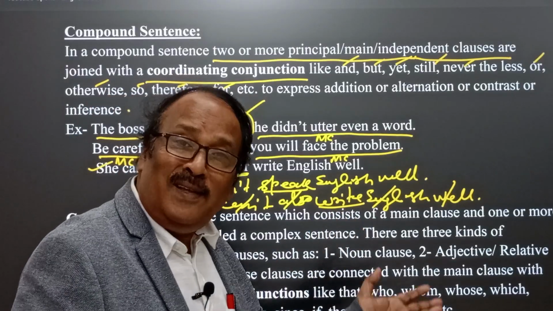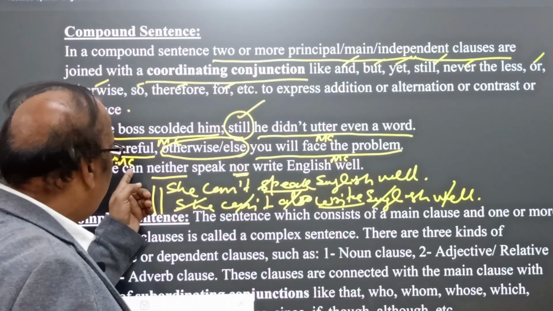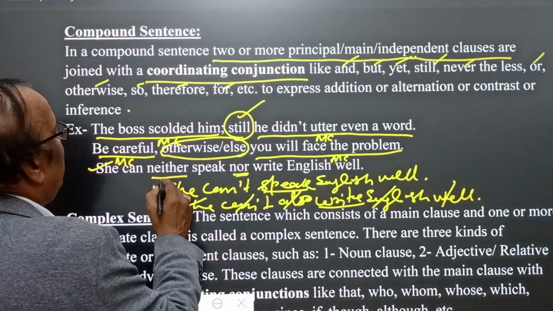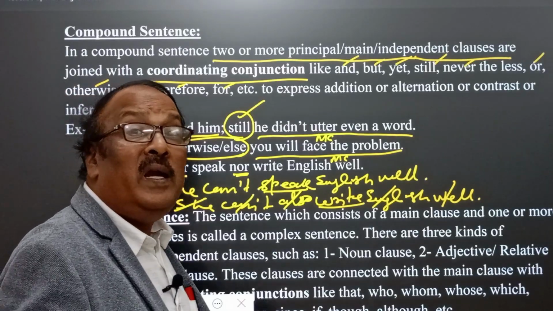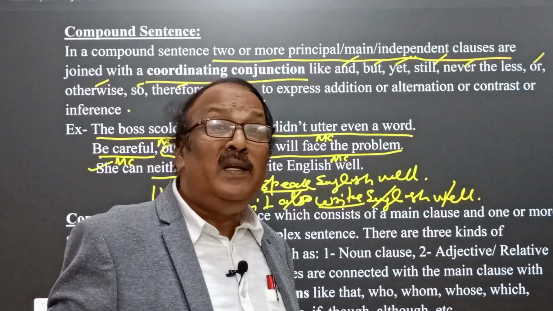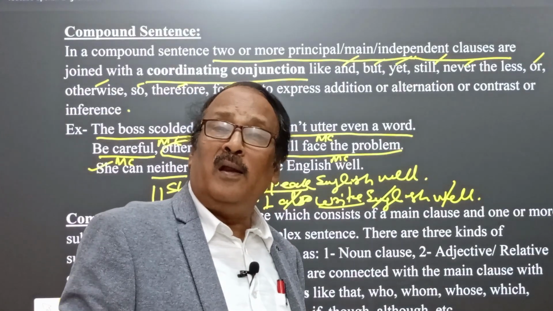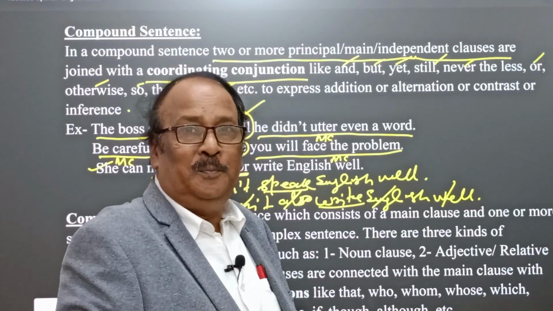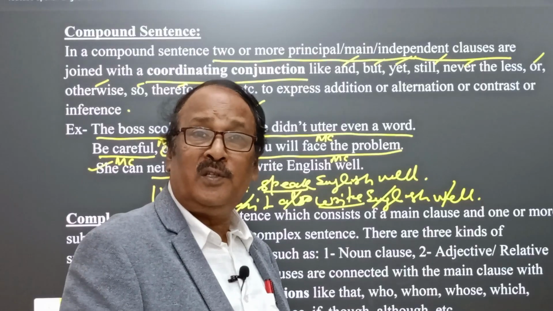Therefore, we can easily make the compound sentence. She can neither speak, so neither is the coordinating conjunction, and it maintains balance. Neither nor, either or, both and, not only but also: these are the coordinating conjunctions.